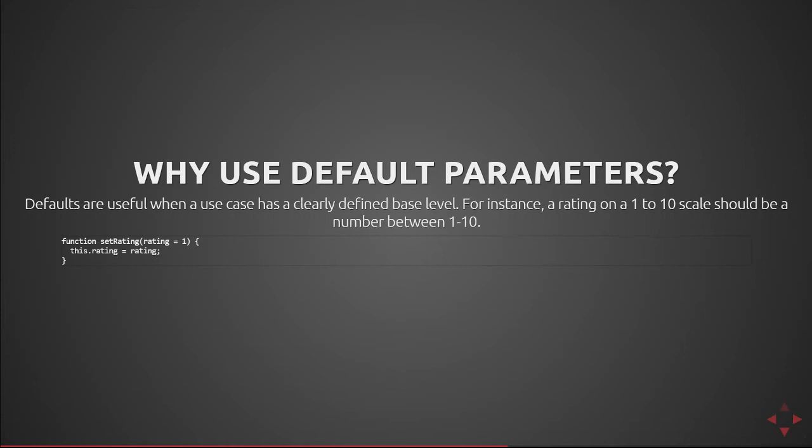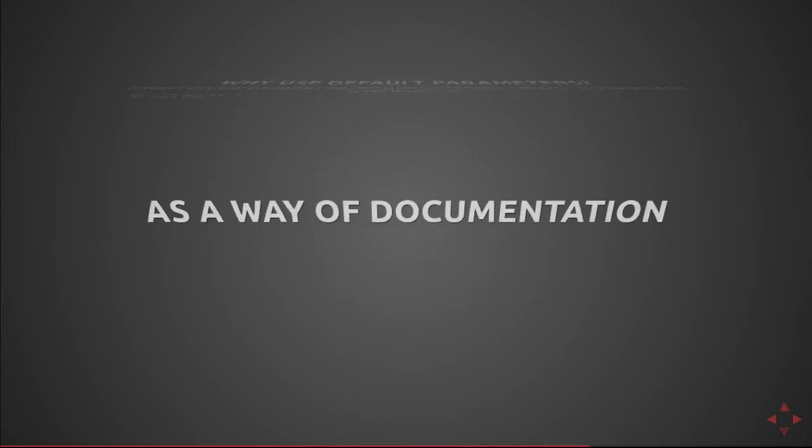You don't have to worry about other functions that then depend on this.rating having a type issue if it's undefined. So for instance, if I were to pass in a string in this case and say this.rating toUpperCase, if I were to allow that to be undefined, I would get a JavaScript exception thrown saying that this.rating is undefined. In the event of me having a default, I can avoid that.